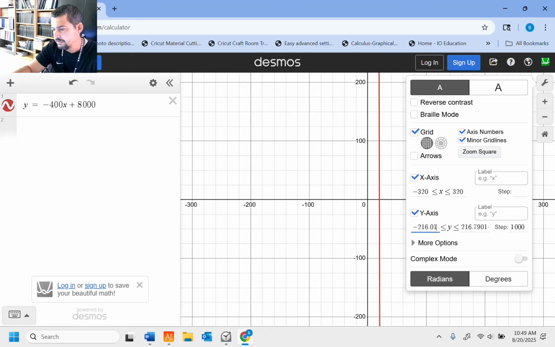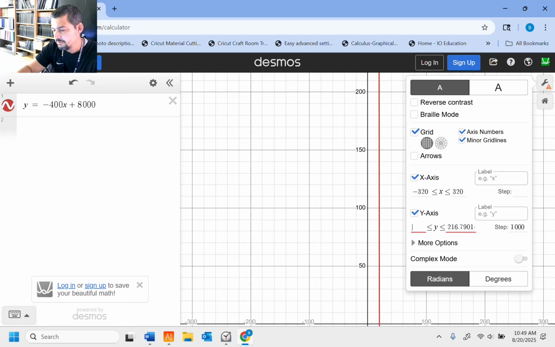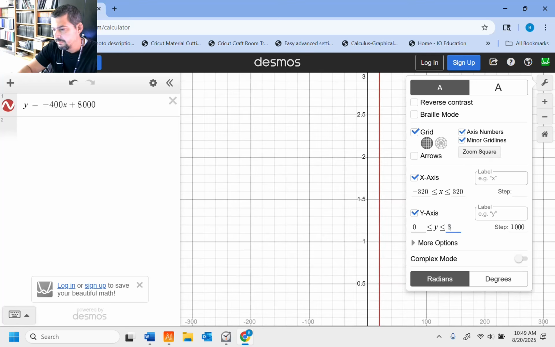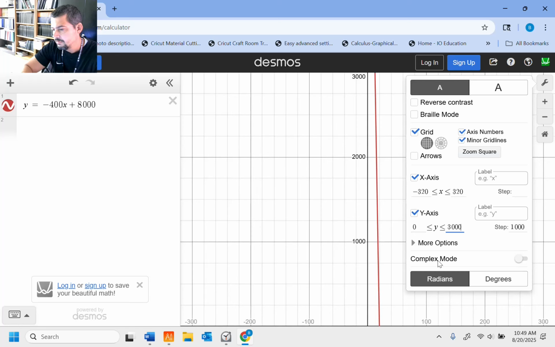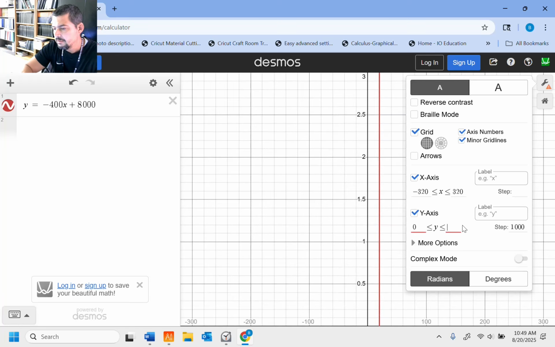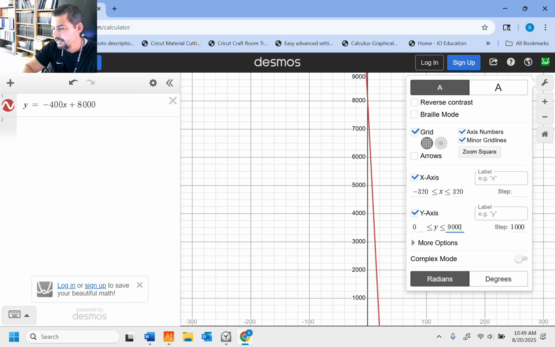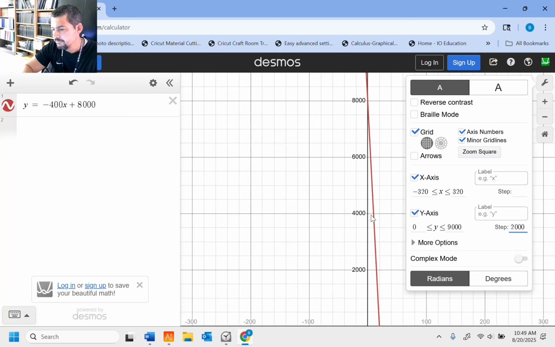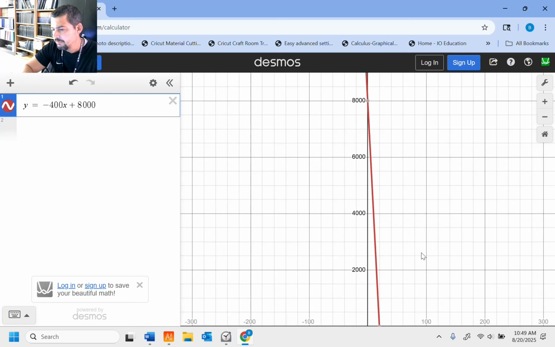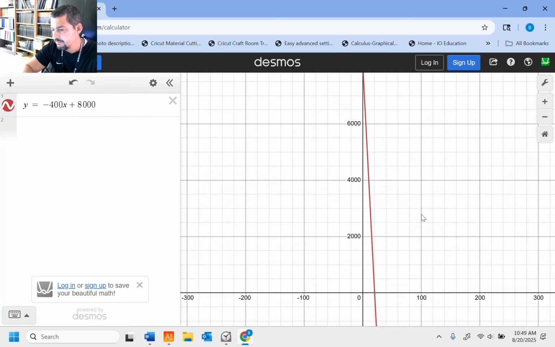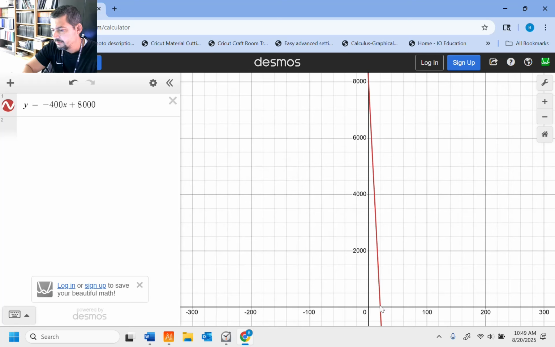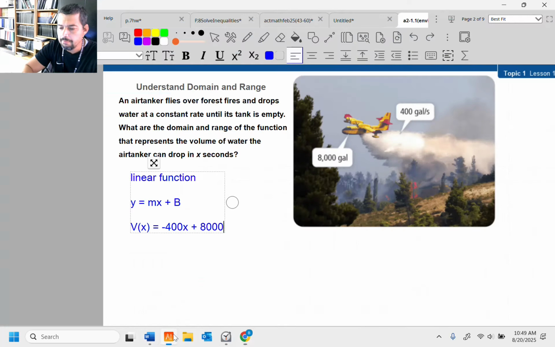Let's go from 0 to 1,000. 0 to 3,000. Oh, we had 8,000 gallons, didn't we? 9,000. And you can kind of see a better picture here, but let's change the step again to be 2,000. You just zoomed too far out. So there you can see, and we run out of water right there, 20 seconds. Okay, anyways, my bad.